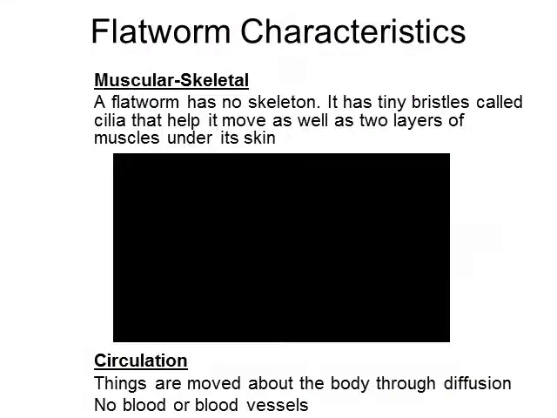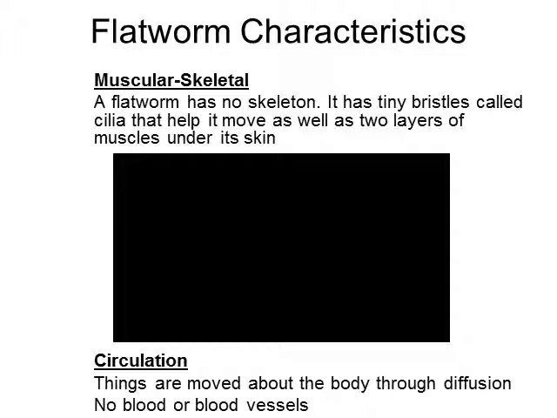Now, some other things about these worms: as we've already mentioned, they have no skeleton. Makes sense. They do, however, have tiny bristles called cilia, and these help them to move, like we mentioned when we talked about bacteria and the paramecium.